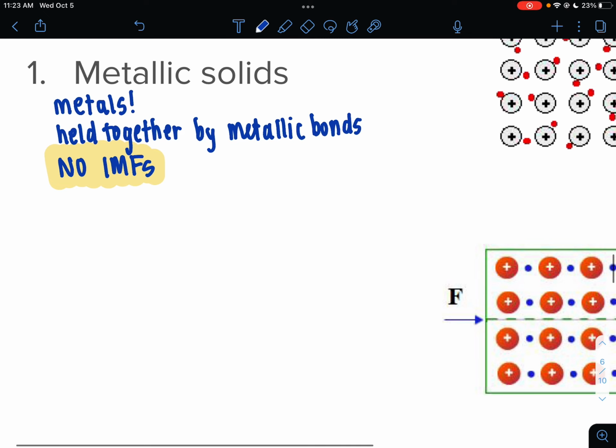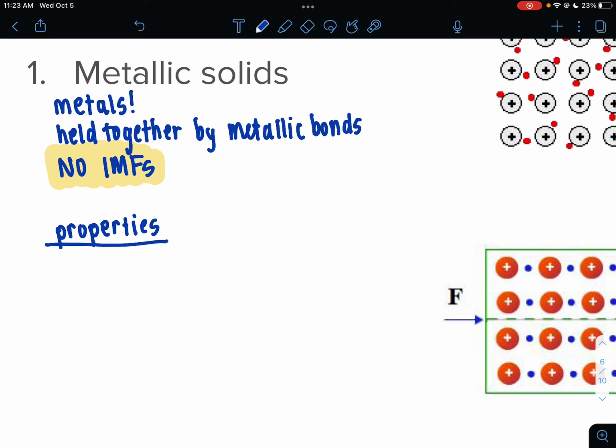Okay? Properties about them that you need to know. And the properties are honestly the key to identifying what kind of bond there is. So you need to know these properties because it's very common that AP will give you a data table of various properties and ask you to decide who's metallic or who is a covalent network.